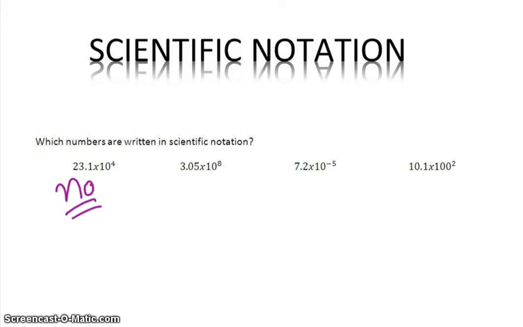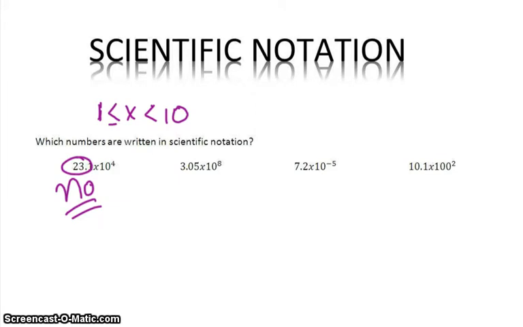The reason why is that the number without the exponent has to be a number greater than or equal to 1, but less than 10. And 23.1 is not less than 10. Too big. If it said 2.31, then we'd be okay.